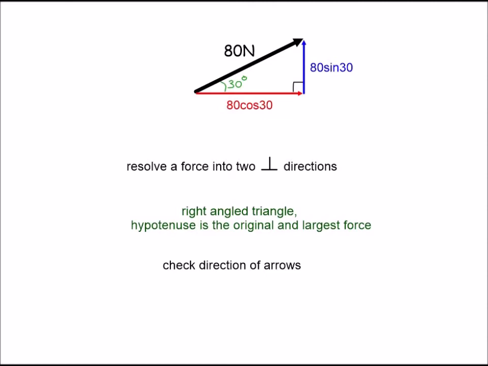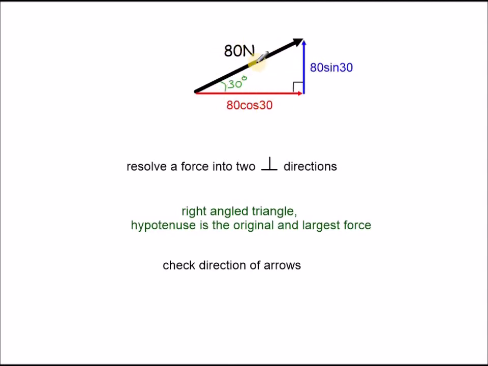We work out the components, basic trigonometry. So we have the hypotenuse, this is the adjacent side, so we have to use the cosine function here, 80 cos 30. This is the opposite side, so we have to use the sine function, 80 sin 30. And both of these values here are smaller than this.